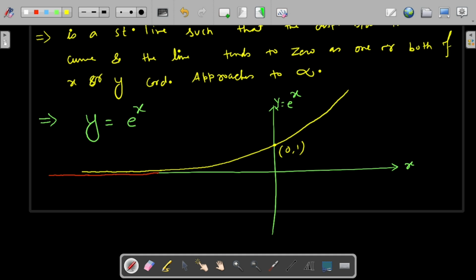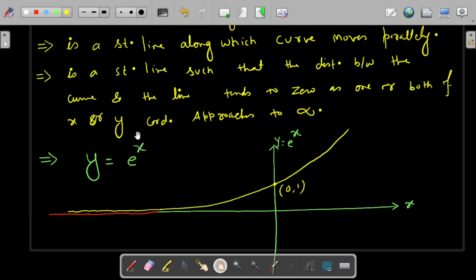There is no observable change in the gap between these two lines, shown in red color and yellow color. The red color is the extended part of the x-axis, and the yellow color is our graph of y equals e raised to power x. So the first definition is clear, that it is a straight line along which the curve moves parallelly.